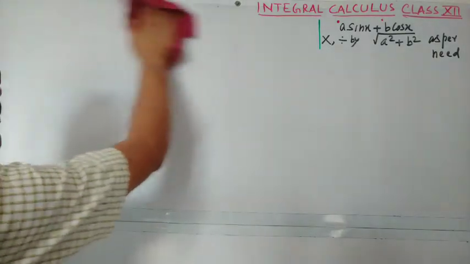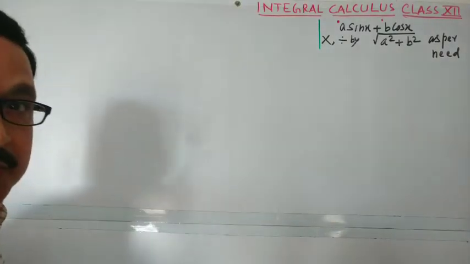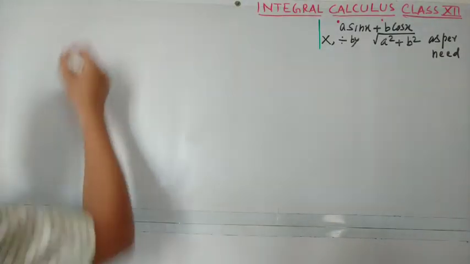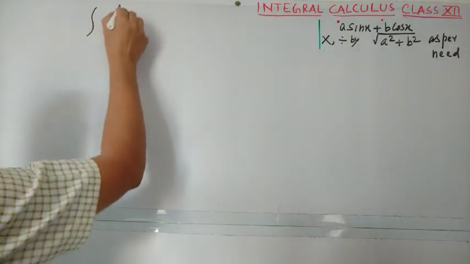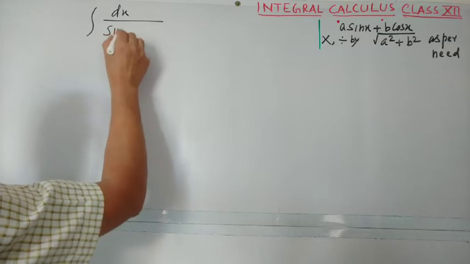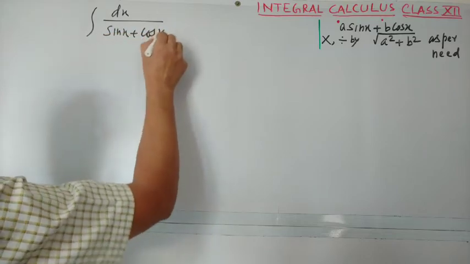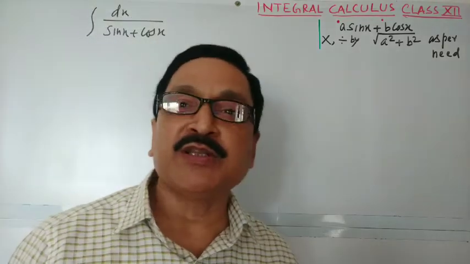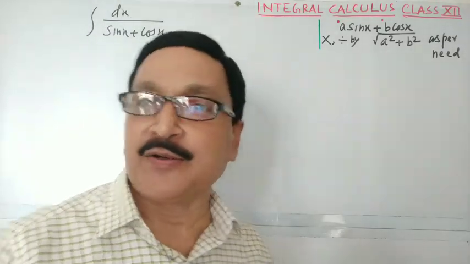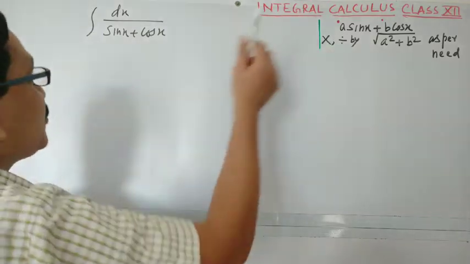Now this is very popular problem. Just see. Integration of dx by sin x plus cos x. It looks very small in size, but sometimes very small in size problem is difficult, not very easy. So apply this rule.